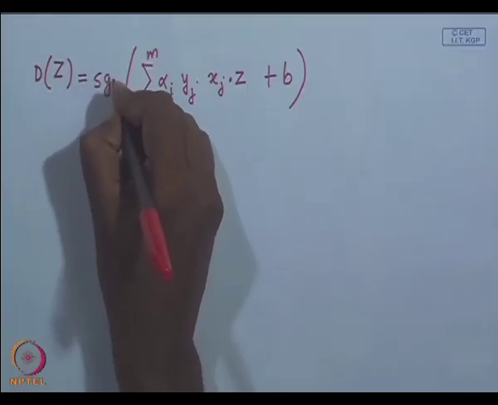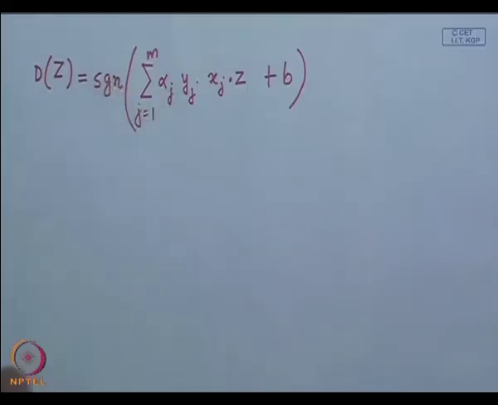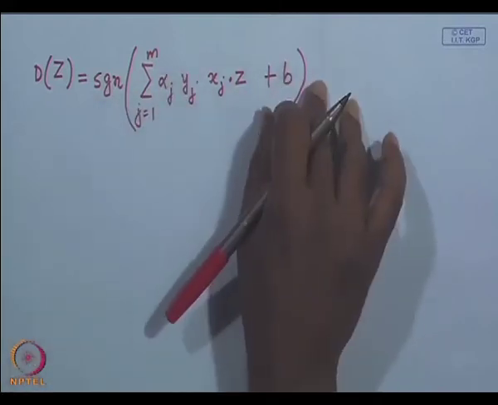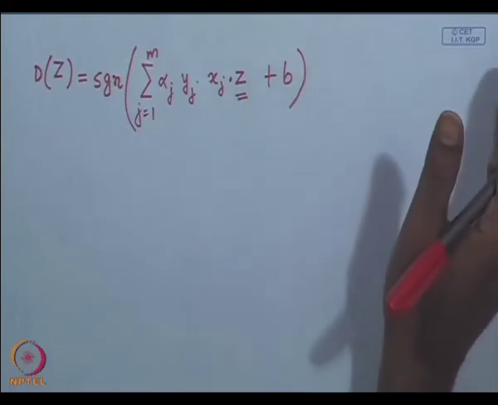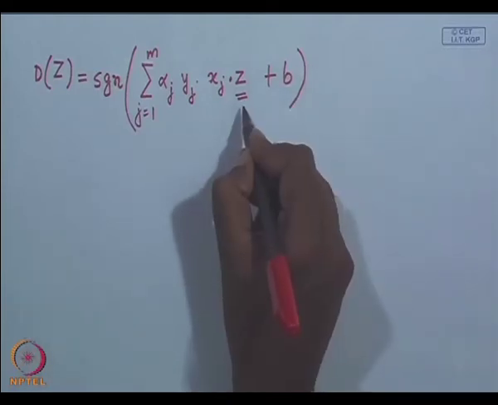I don't need the value of this function, I simply need the sign. If the sign is positive, then this z will be classified to class C1. If the sign is negative, then this z will be classified to class C2.